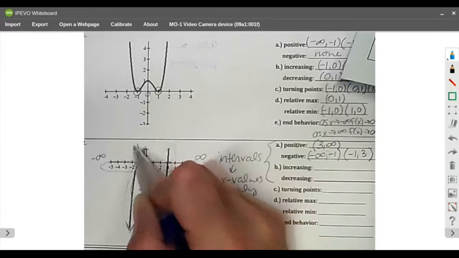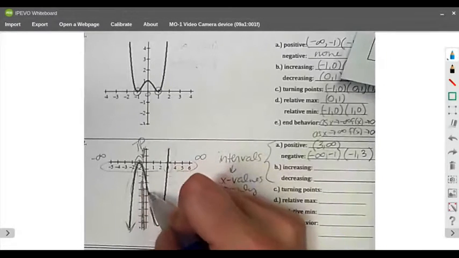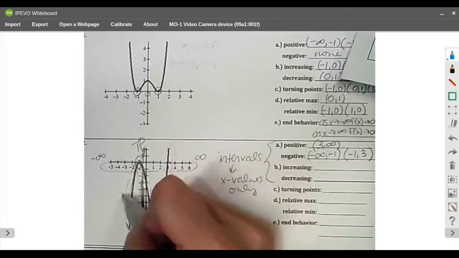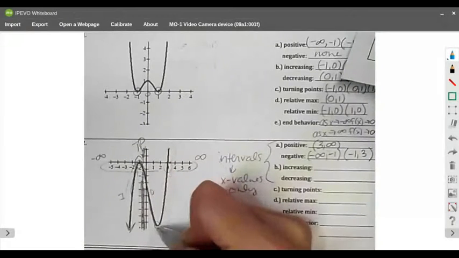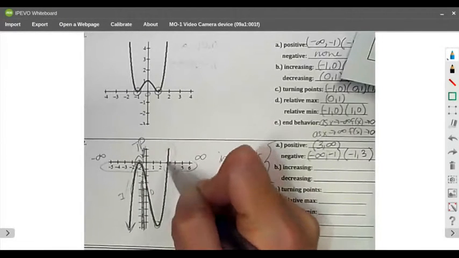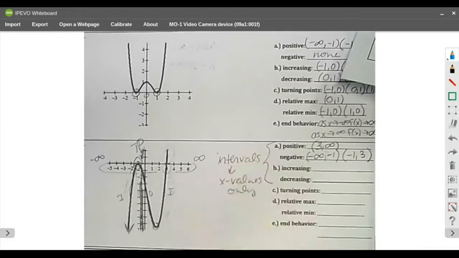I stopped here. That's a turning point. Now I'm decreasing. I stop here, another turning point, and now I'm increasing again. So that's an easy way to tell when it's increasing or decreasing. Trace the graph. So now we need to identify the intervals. Remember, we're only using the x values.